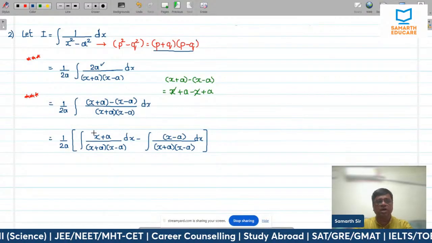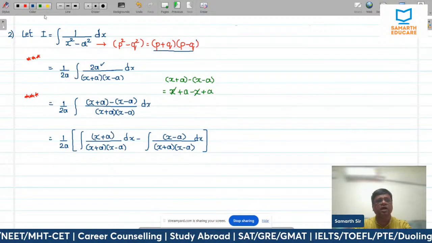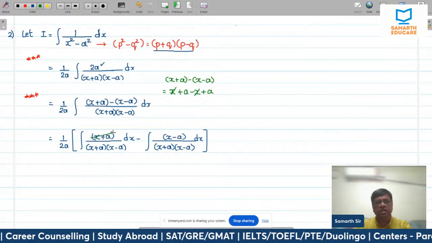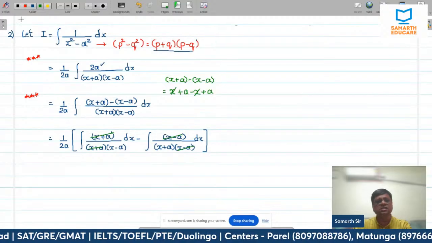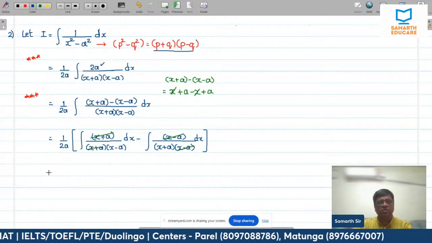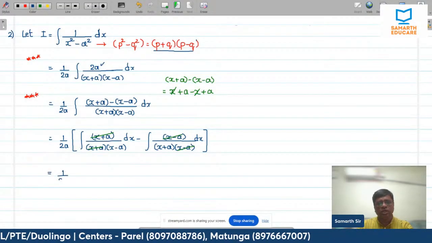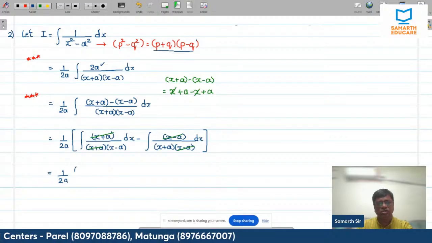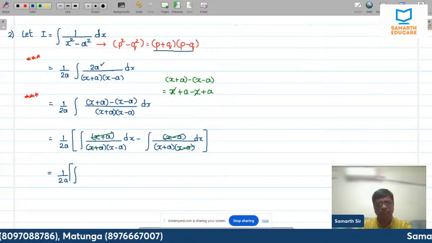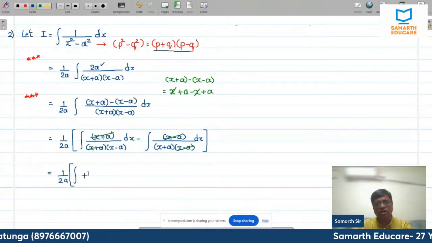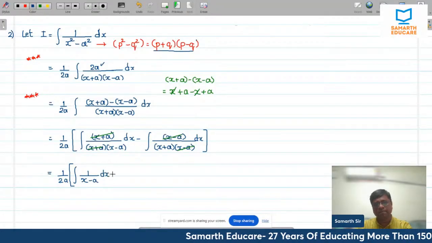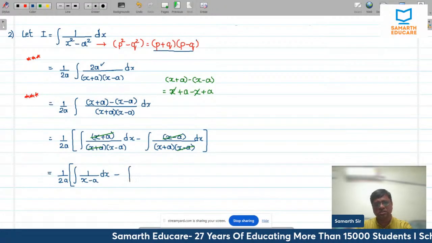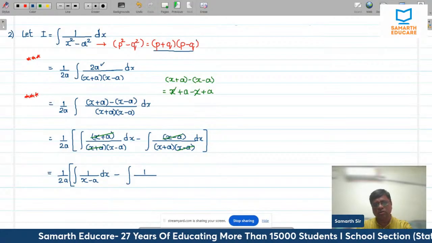Now in the first part, you can observe that x plus a gets cancelled. In the second part, x minus a gets cancelled, divide हो रहा है, right? So what remains is 1 upon 2a integration of 1 upon x minus a dx minus 1 upon x plus a dx.